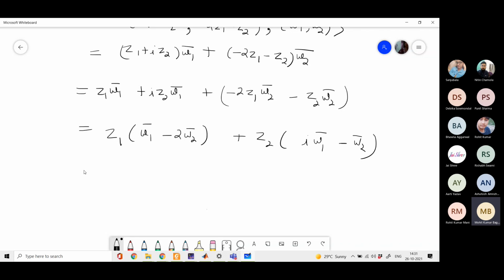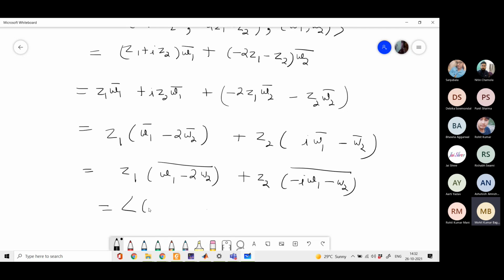So now you can write z1 times this, minus 2 times w2, whole bar, and z2 times minus i w1 minus w2, whole bar. So you can write this as (z1, z2) with (w1 minus 2 w2, and minus i (w1 minus w2)).